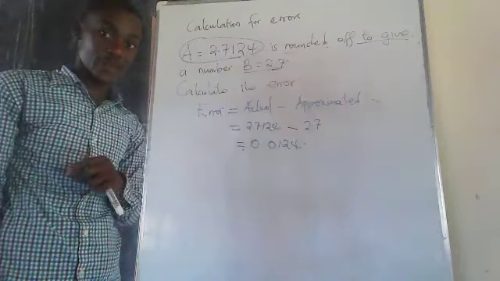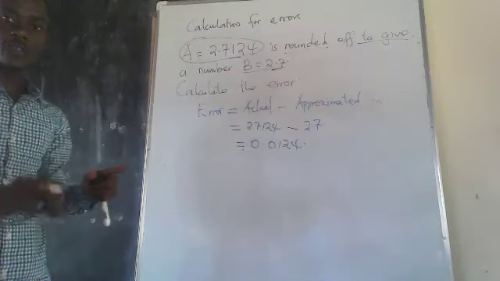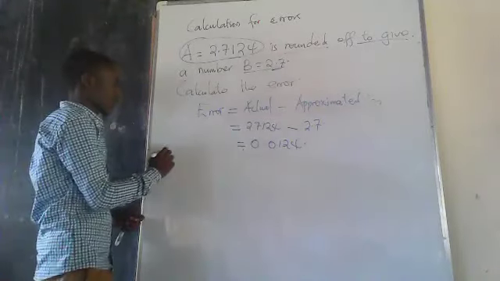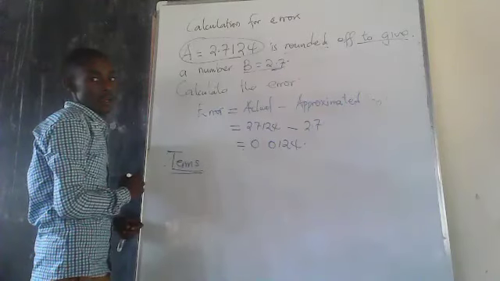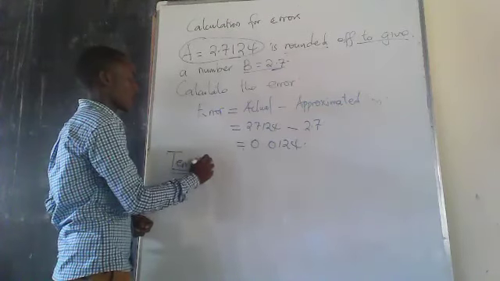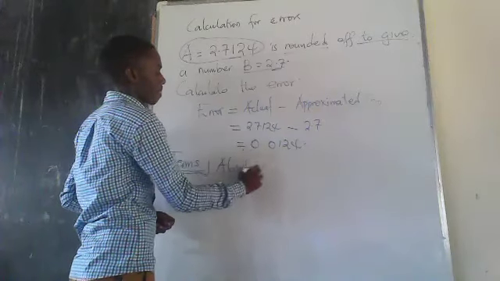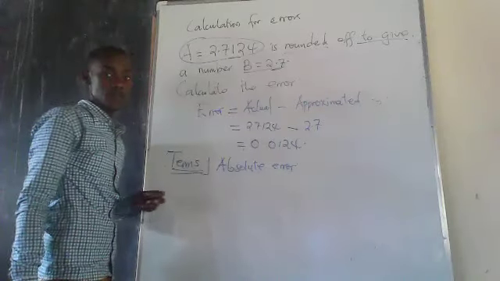Now in errors, we have different terminologies, or what we call terms. The first term is what we call absolute error. The error can be there, but there is what we call absolute error.